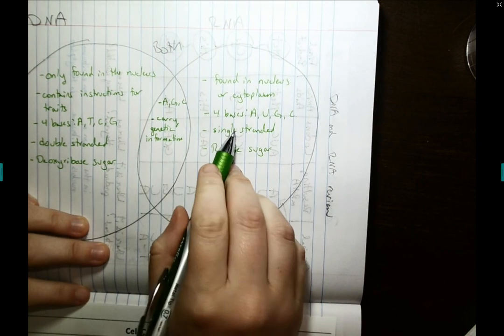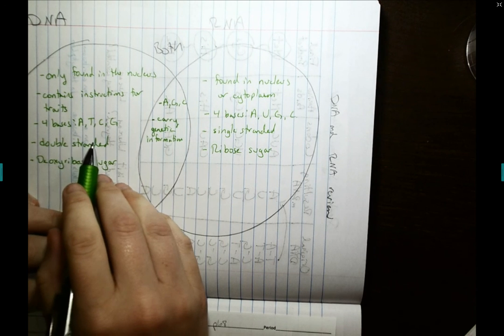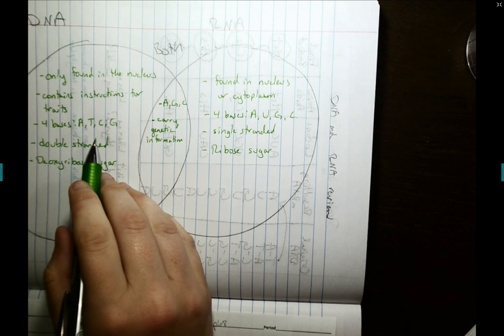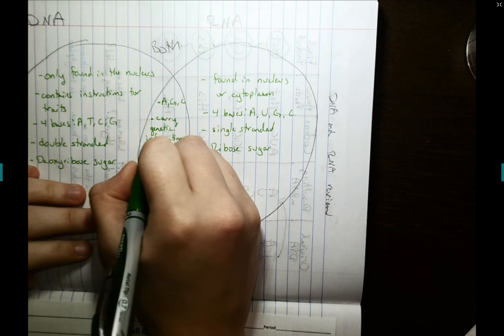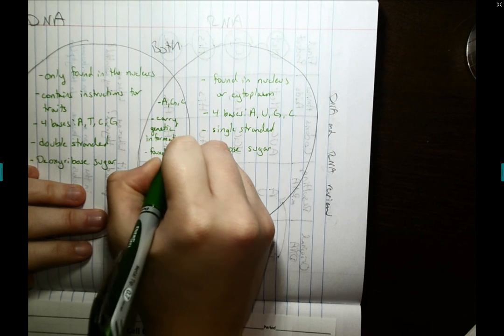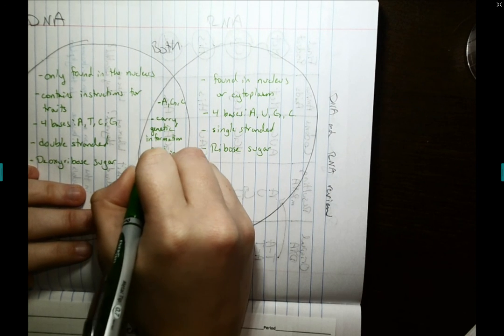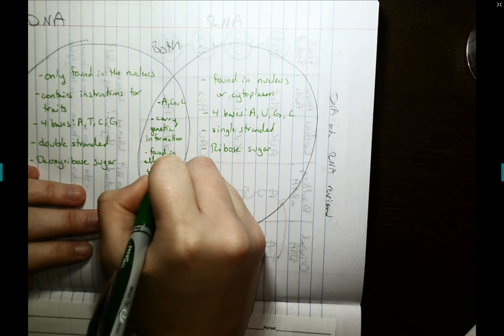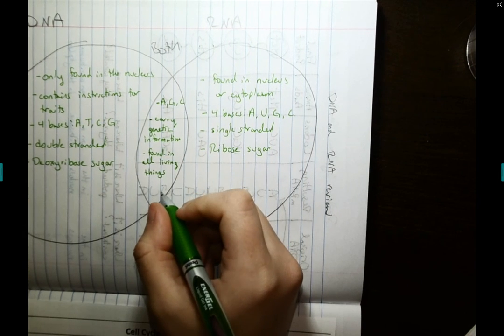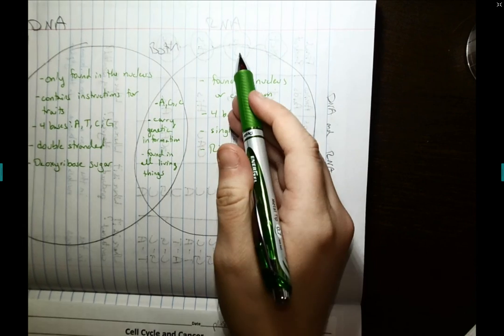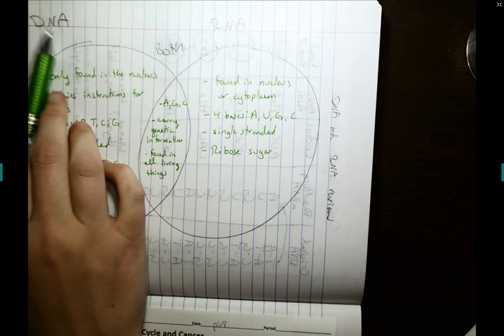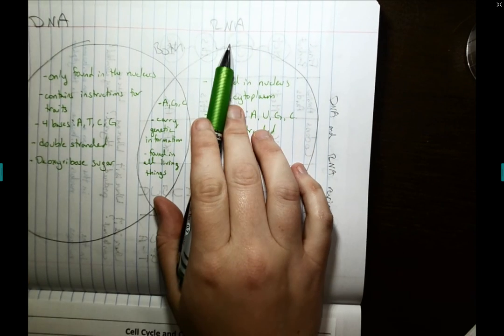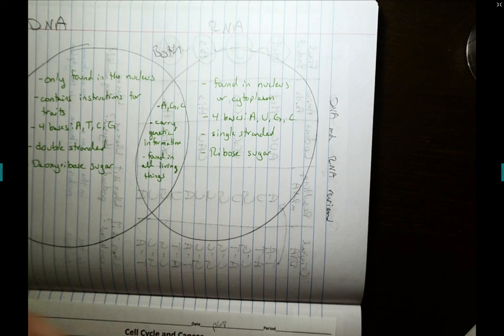RNA helps express our genetic information through protein synthesis, translation. They are both found in all living things. In order to be living, you have to have genetic information. Humans, we happen to have both. DNA is our main source of genetic information, but we do have RNA to help express it.